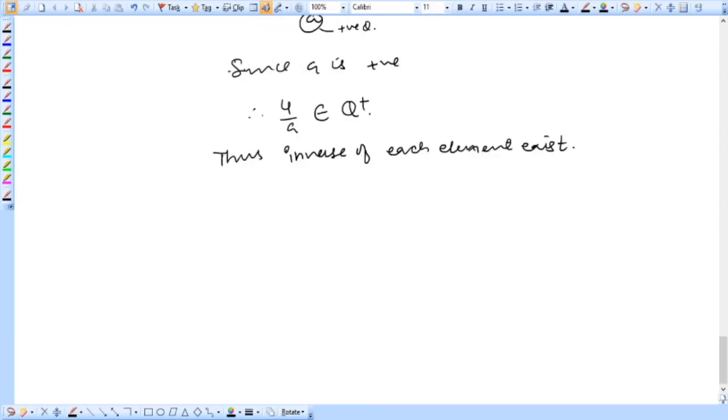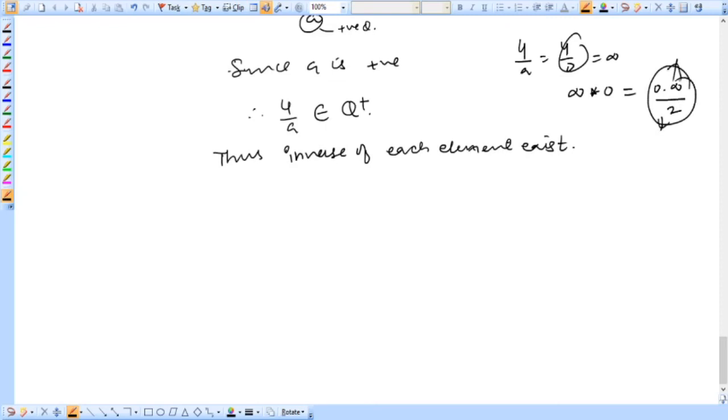So you would have come to know why 0 has been excluded from this set, because if 0 had been part of this set, then 4 by a would have been 4 by 0, that is infinity, and infinity star infinity is equal to infinity into infinity divided by 2, which is not defined, or it is an indeterminate form, right?